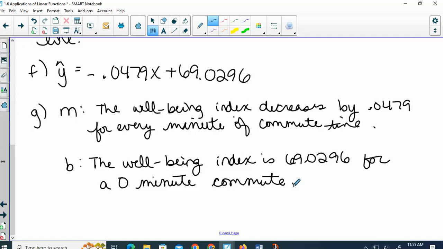It's like our starting point, our threshold there. All right, part H, predict the well-being index of a 25-minute commute time. So what do you have to do?